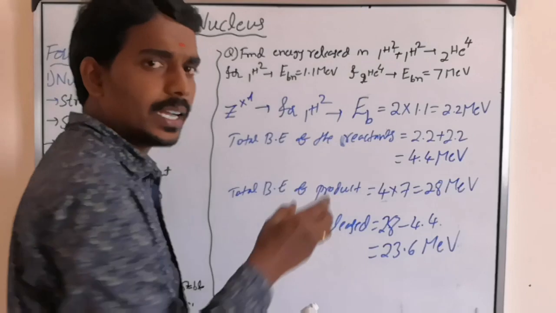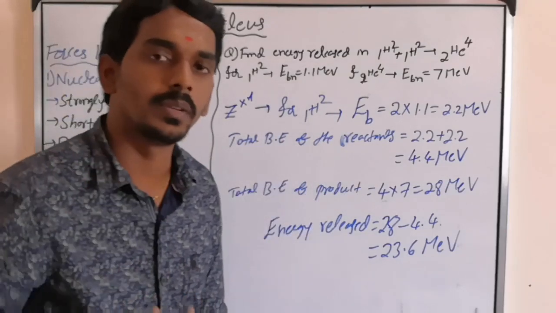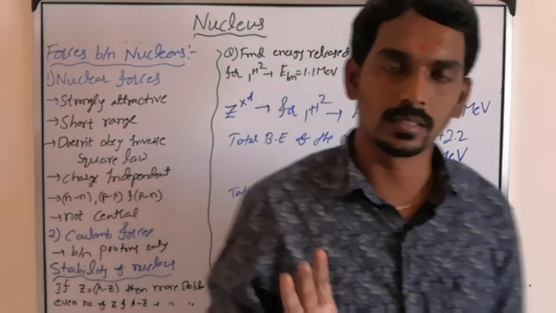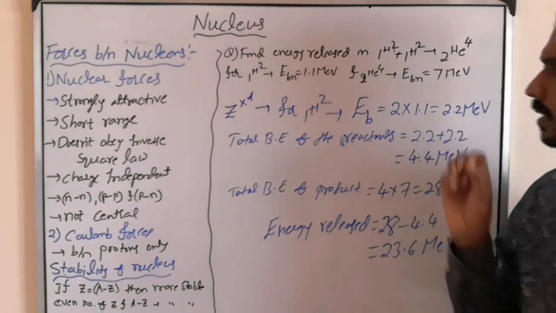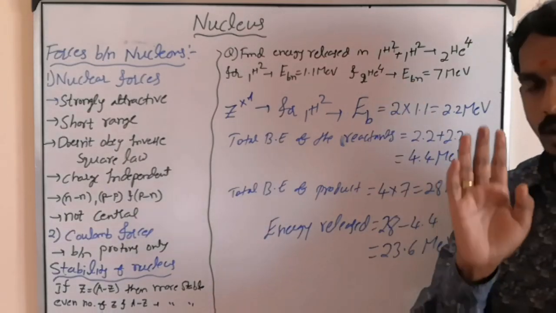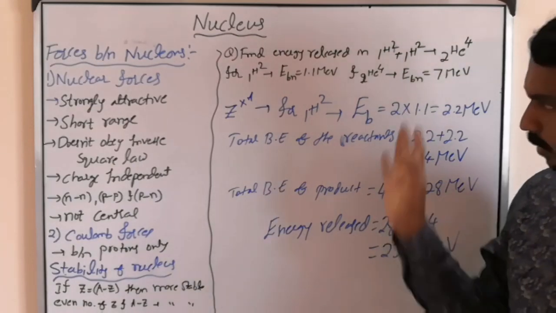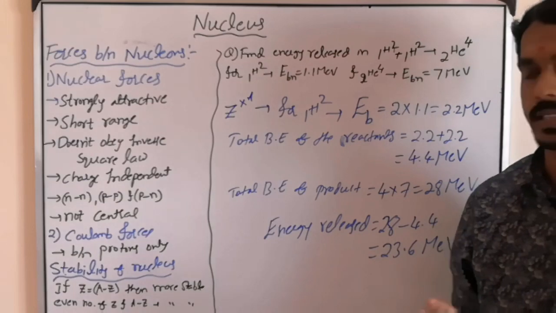If they give directly, the solution becomes easier. If they have not given, then the solution becomes a little bit lengthy. The calculation is not so difficult, only the calculation is lengthy, right? So please try to understand. Only one question I have explained, and today also, let us solve more questions based on this binding energy.